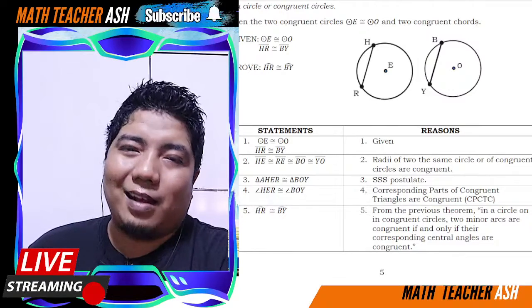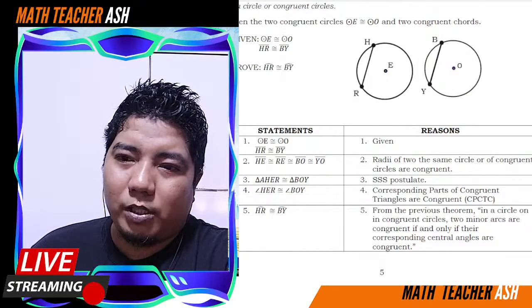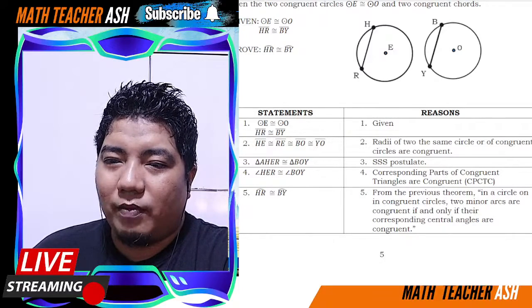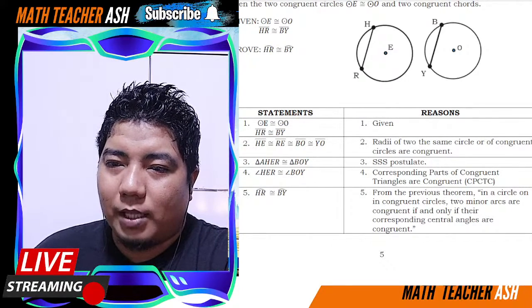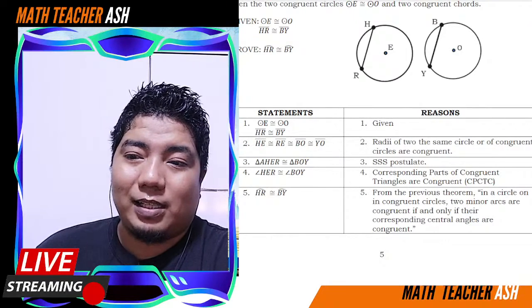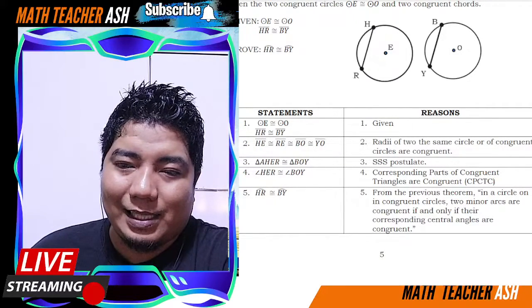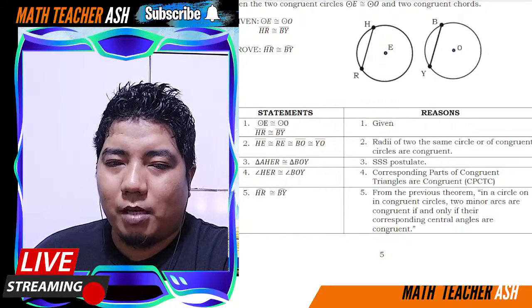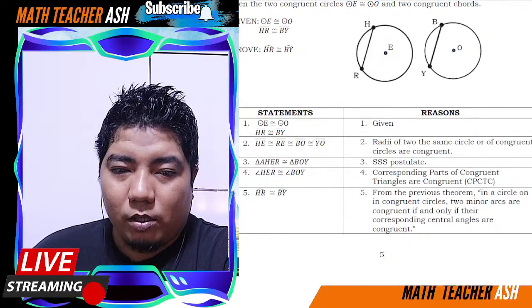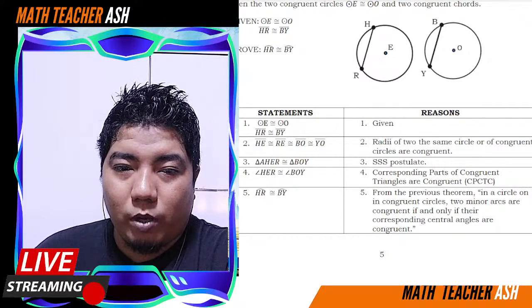Okay? So lahat ng radii sa dalawang congruent circles ay congruent din. So having those, kapag gagawa ka dito ng mga imaginary line segments, you will have the SSS postulate. That is side, side, side postulate, my dear math learners. So ganun lang po kadali.